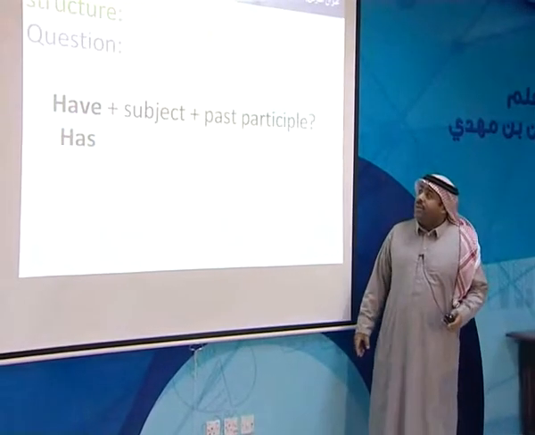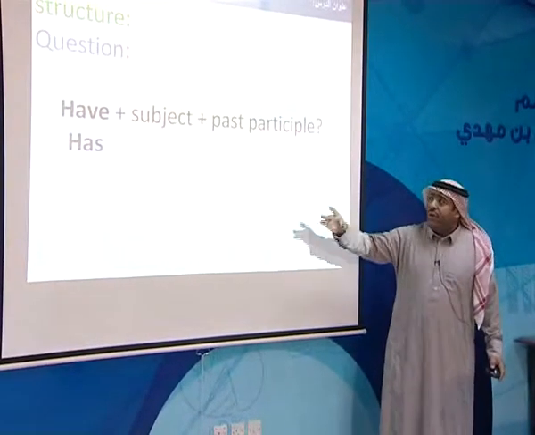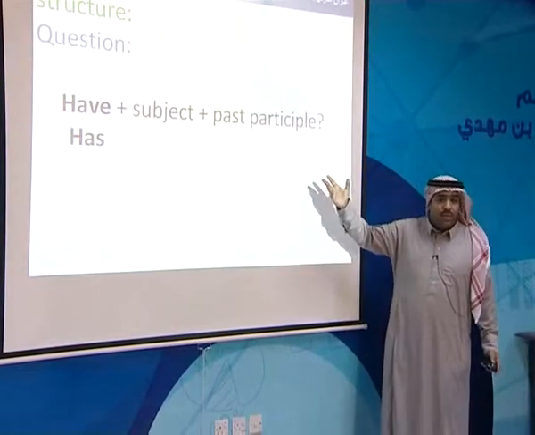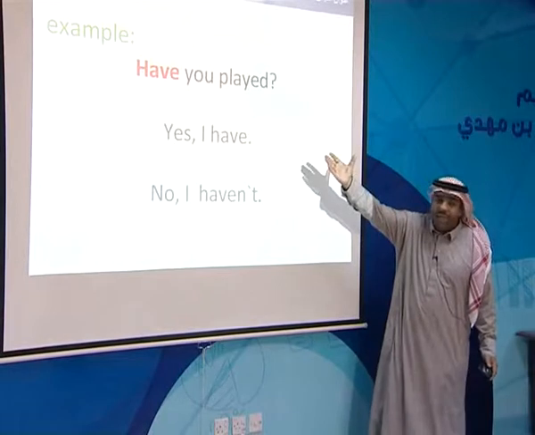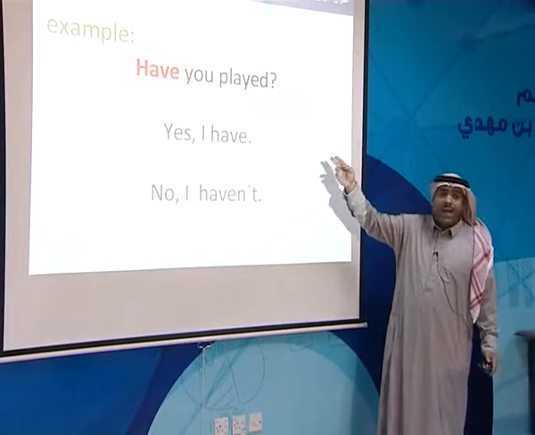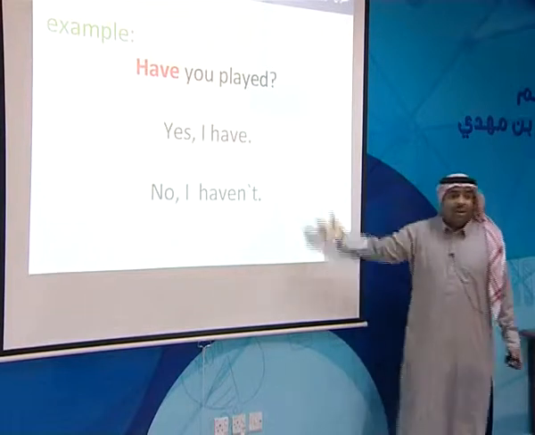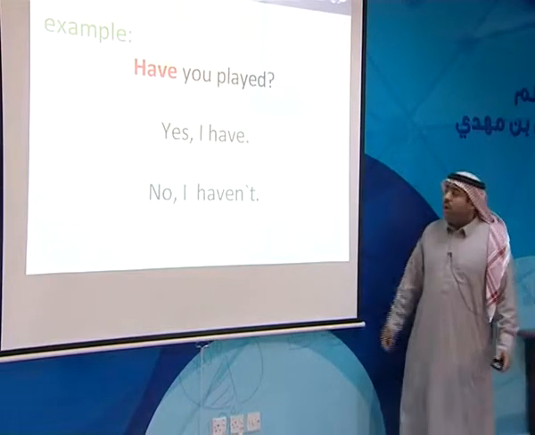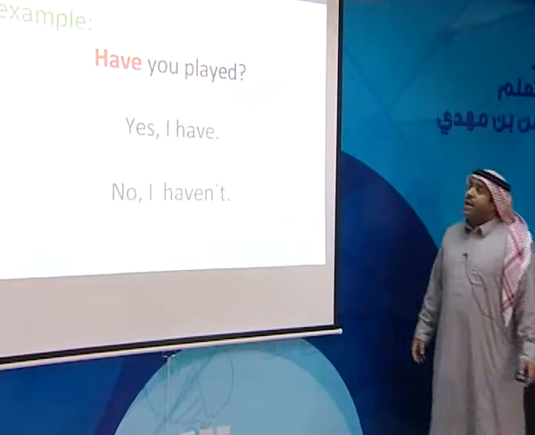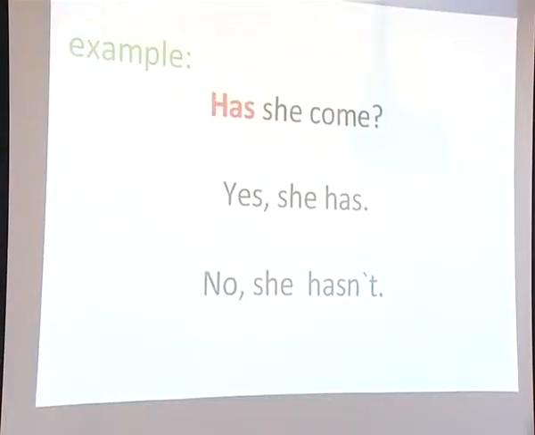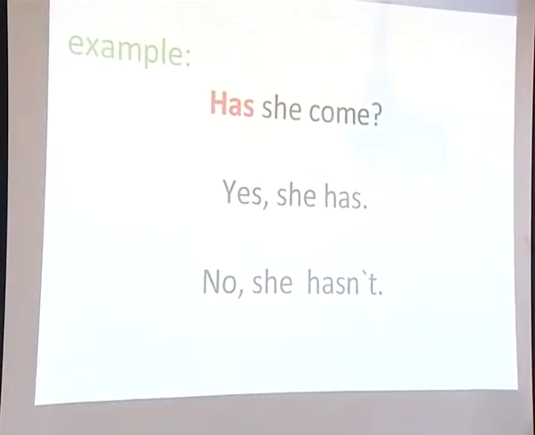Again, have or has, then subject, then past participle. Example, have you played? Our answers are, yes, I have. No, I haven't. Another example. Who can read? Yes? Has she come? Why is it has?